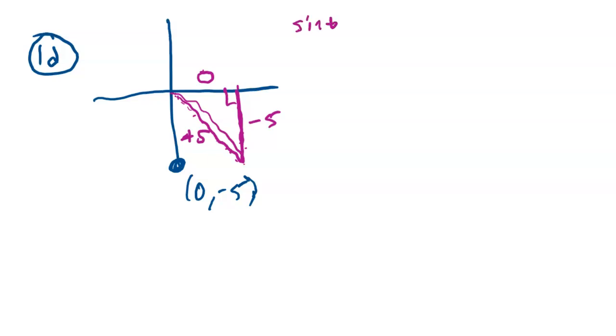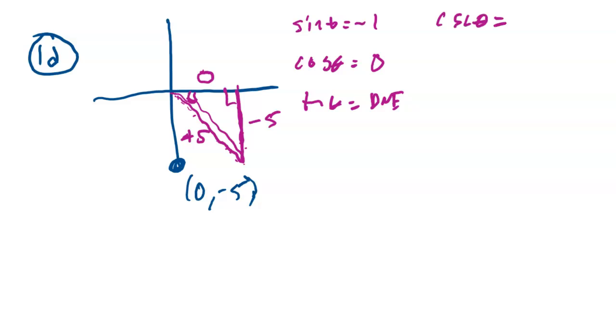So I'll say sine of theta. If this was theta, this would be opposite over hypotenuse, which is -1. And then we have cosine of theta. Well, that's just going to be adjacent over hypotenuse, which is just 0. And then we have tangent theta. Be careful. This is going to be opposite over adjacent, which we can't do. Let's see, cosecant theta.